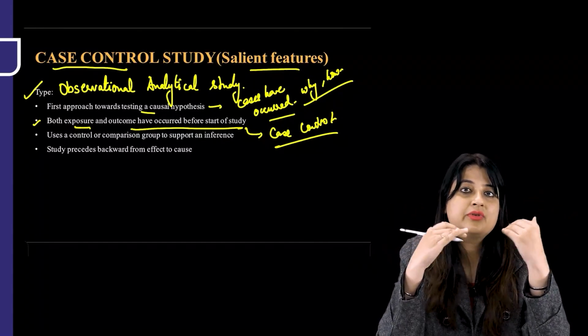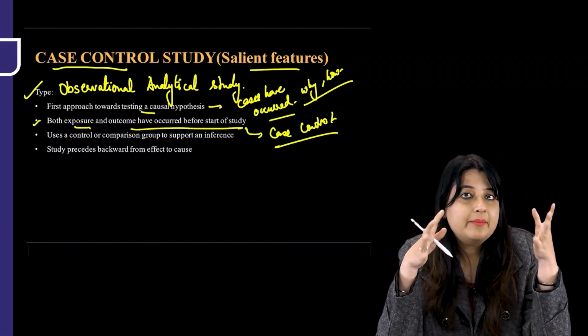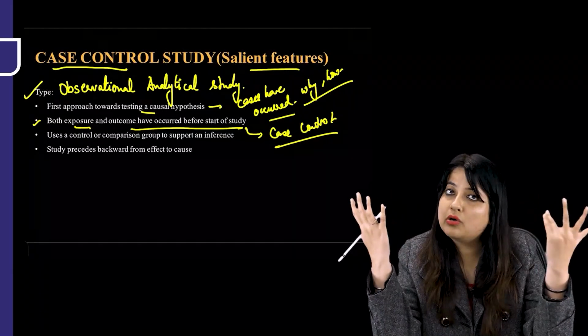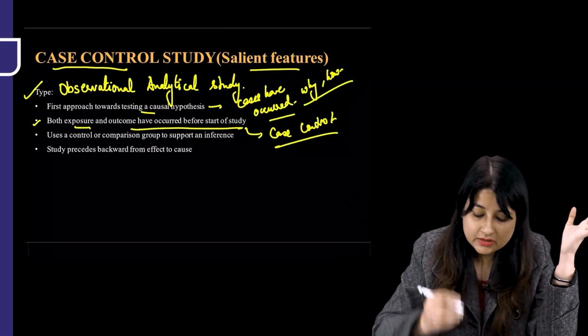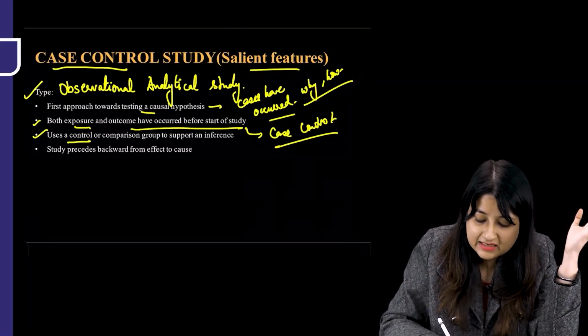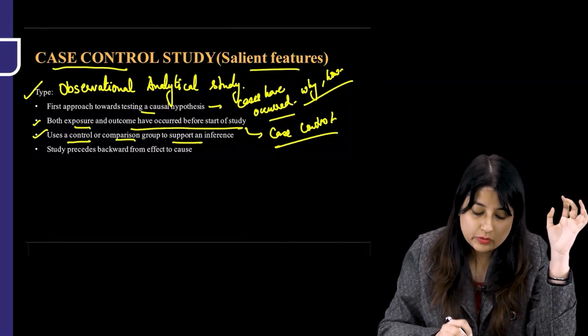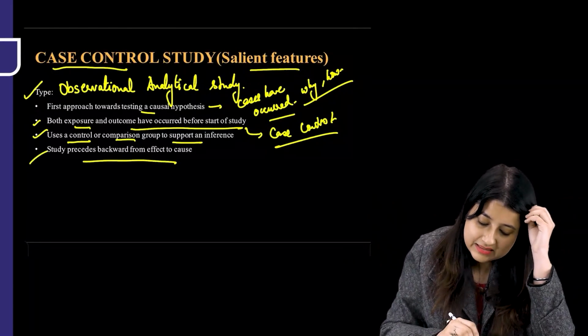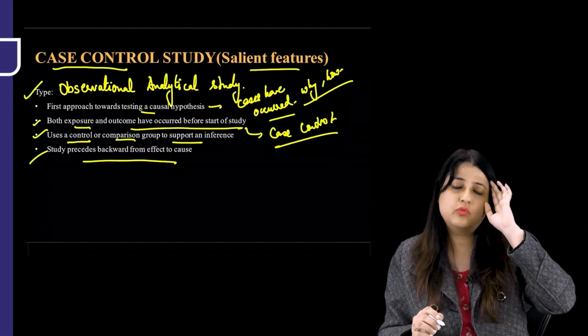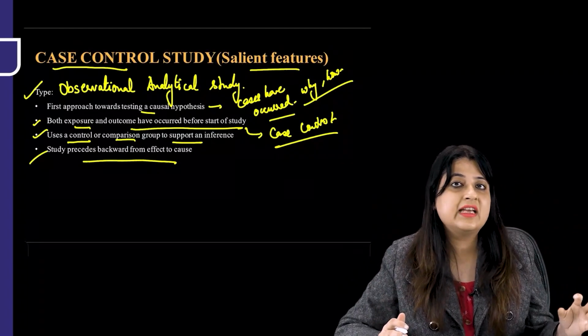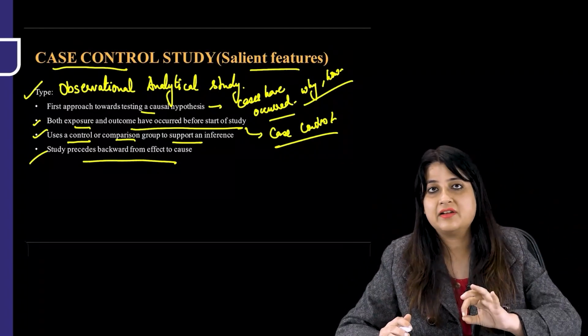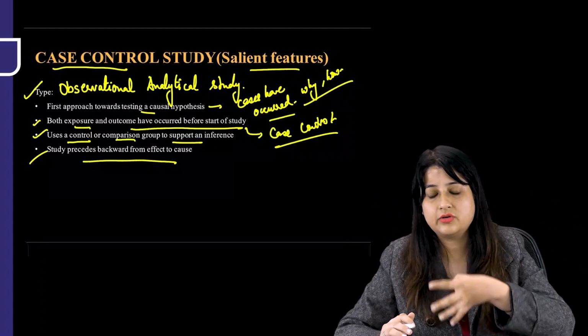In descriptive, you never have a comparison group, but in analytical study, you always have a comparison group. So you will always need a control or comparison group. And then the last point, it proceeds backwards. It's a retrospective study. You will be looking at the relevance of this point when we look at the study design.